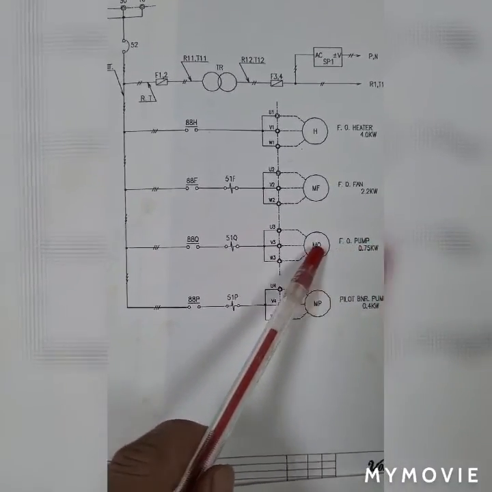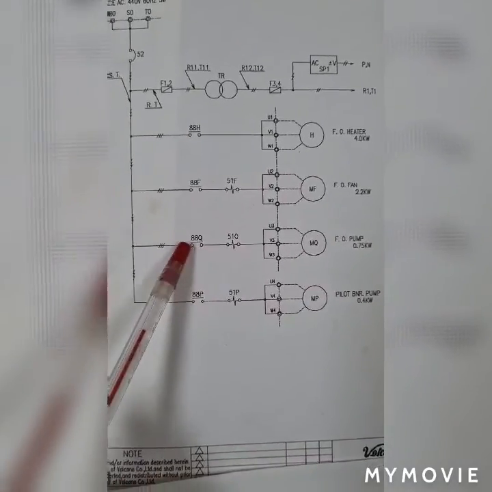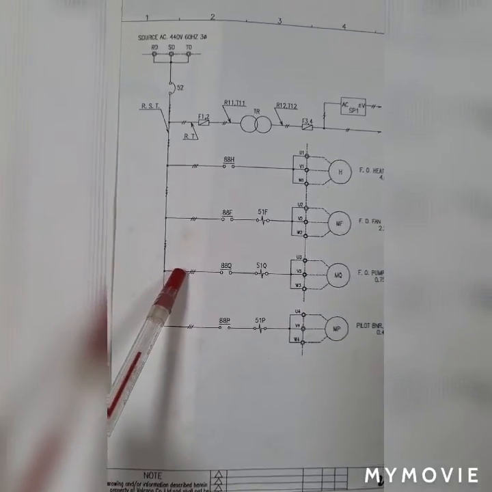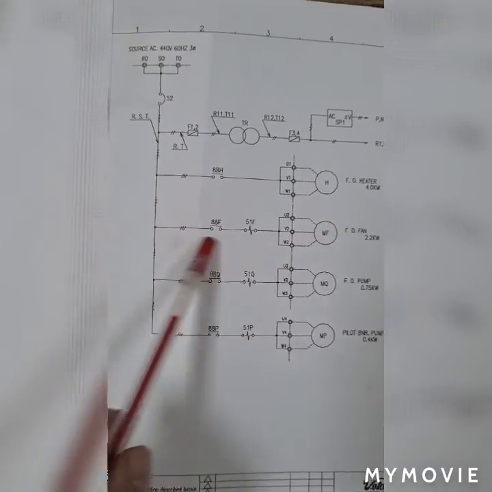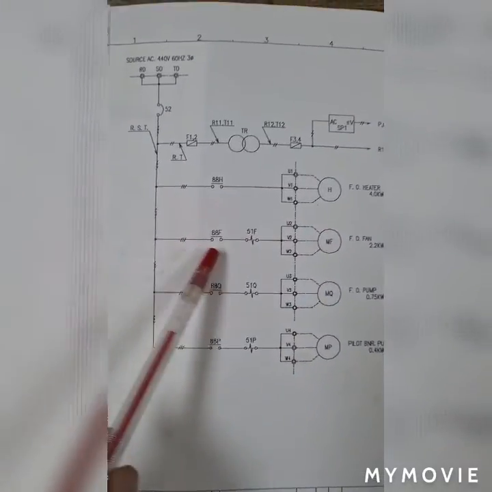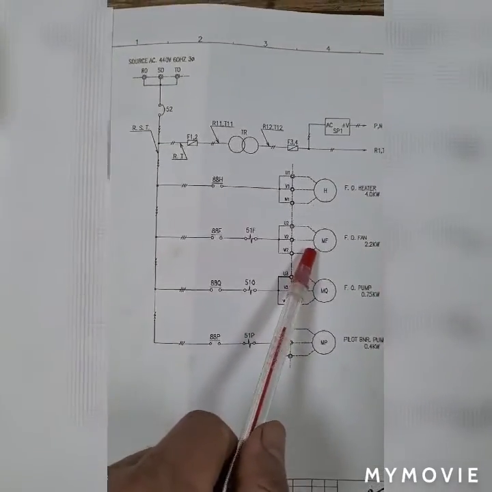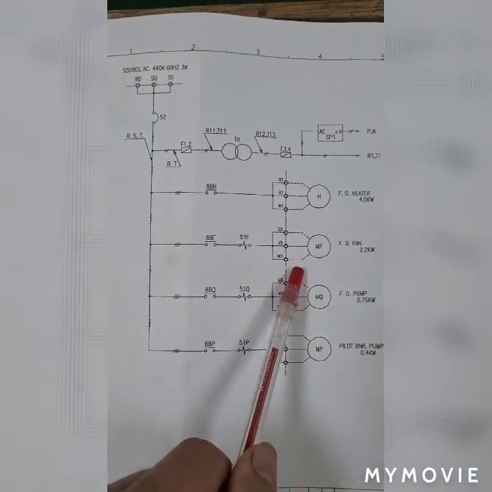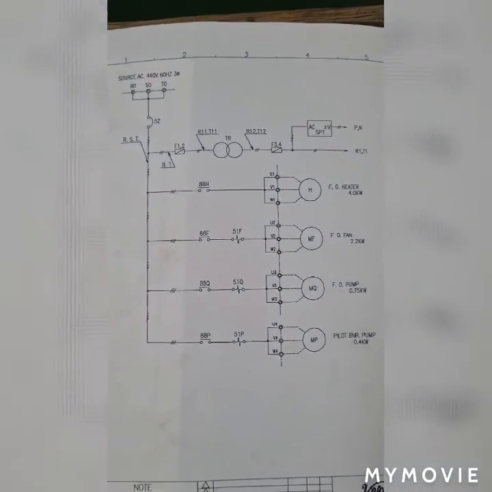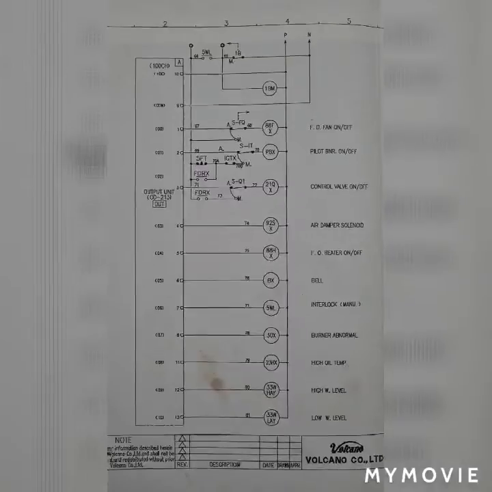It will take oil from the tank and deliver to the pipeline of the main burner pump. And the force draft fan, while it's running, will do the post-purging. This post-purging takes about 60 seconds.